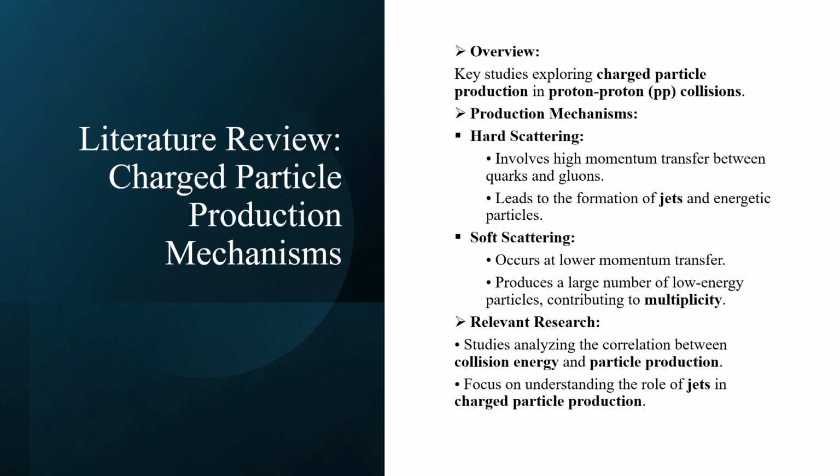These are the collision energies. We have to study the correlation between the collision energies and particle production, how particles are produced, and discuss their multiplicity, pseudorapidity, and transverse momentum, as we discussed in our previous lecture.